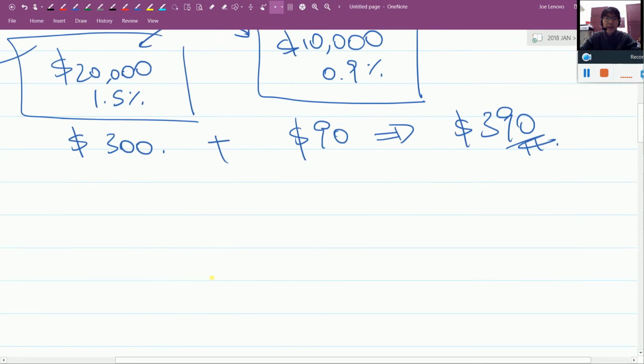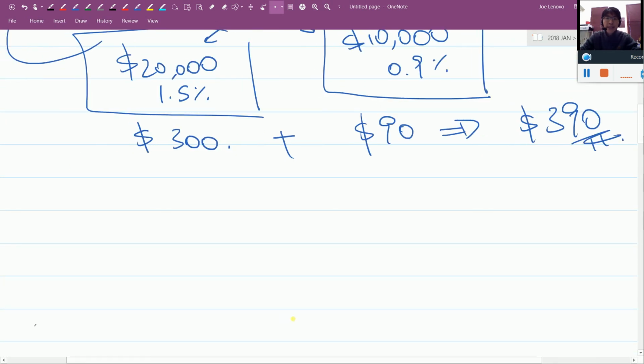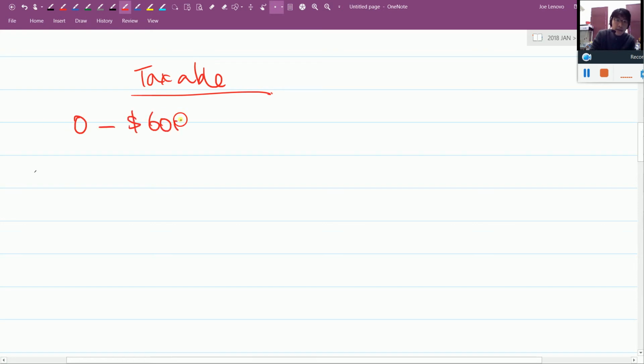If you're talking about income tax, what would be the tax that we pay? For example, for taxable income, the first bracket is about $0 to $6,000.